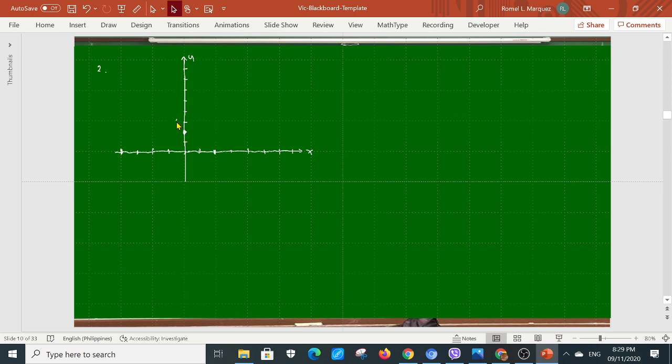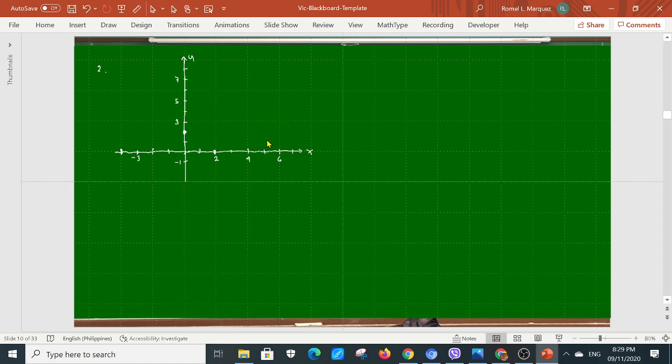Let's call this 3, 4, 5, 6, 7. Let's say this is negative 3. This is positive 2, positive 4, positive 6. Let's say this is negative 1. Then I have this graph.